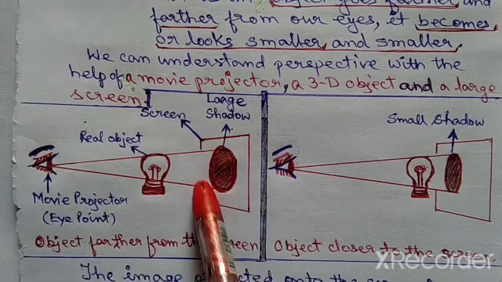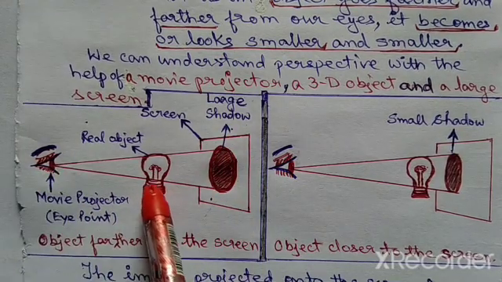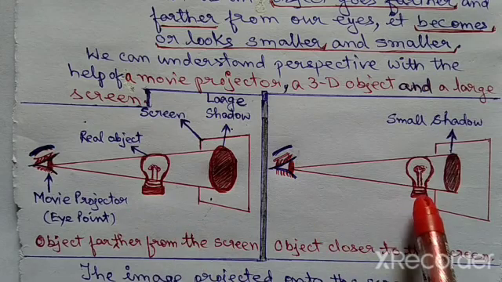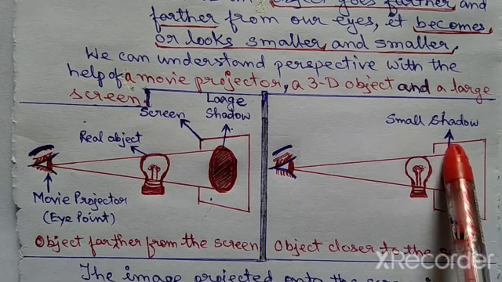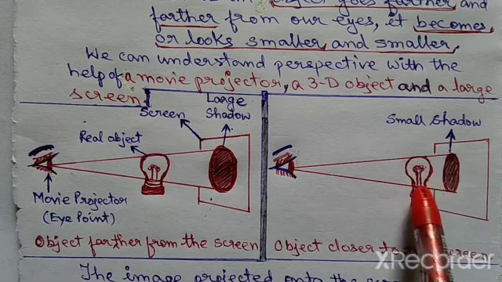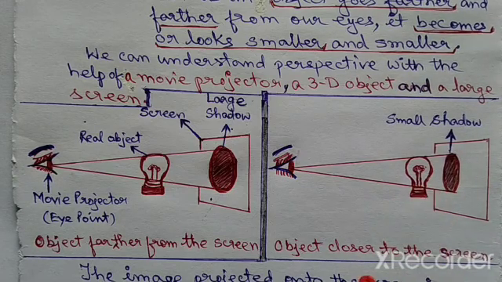The size of this shadow depends upon the distance between this eye point and the bulb. So what do we see? As the object moves closer to the screen, the size of the shadow also decreases, and finally children, it becomes equal to the object, like here equal to the bulb.